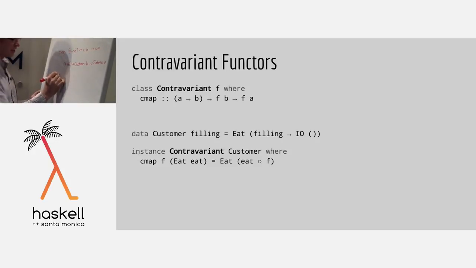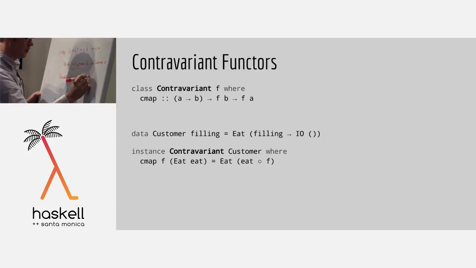Okay. So we have some uncooked. Then I should be able to take a customer who is willing to eat cooked food, and you should be able to give me a customer that is willing to eat uncooked food.